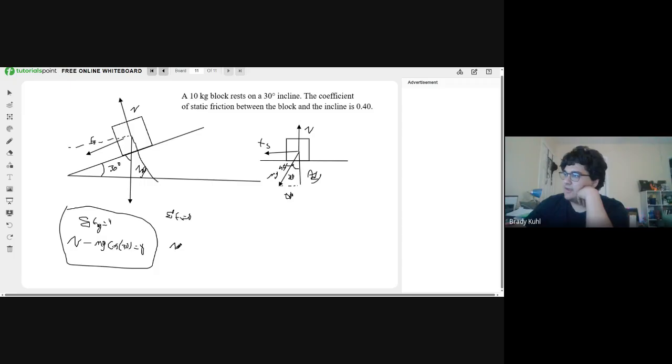We have N equals mg cosine of 30, which would be 10 times 9.8, which is 98 newtons, times cosine of 30.